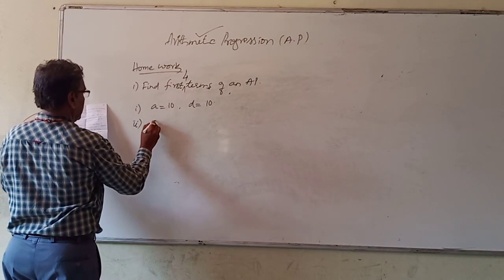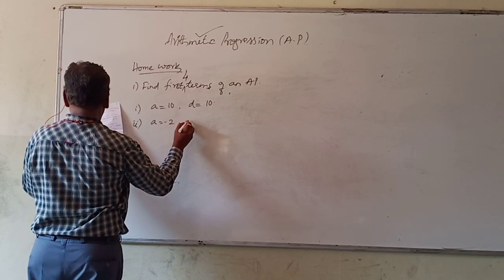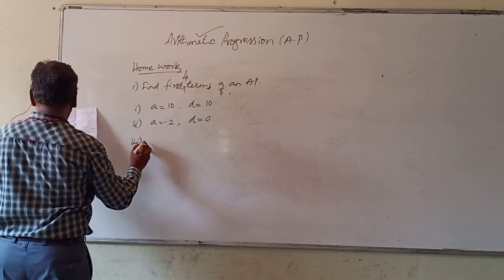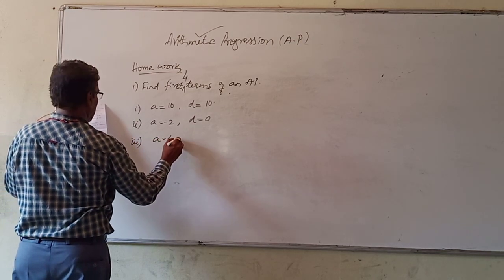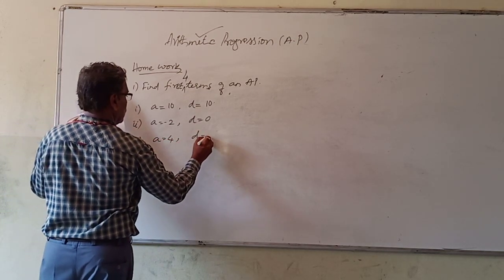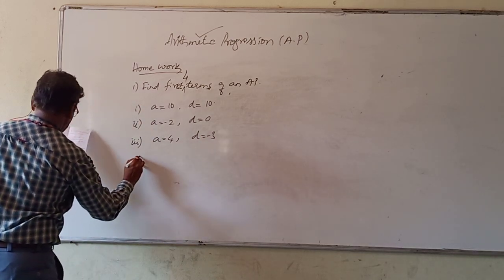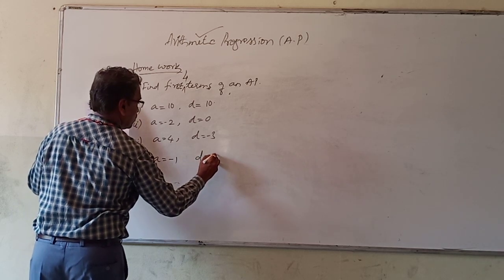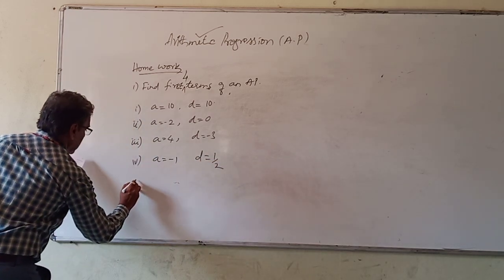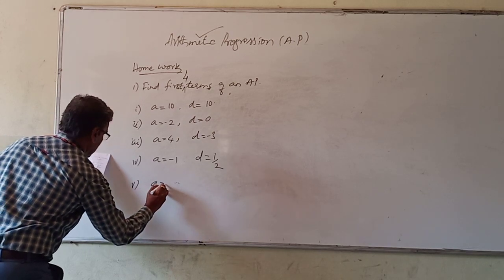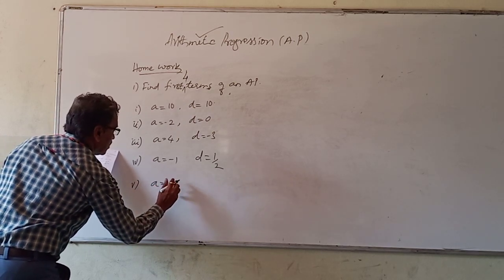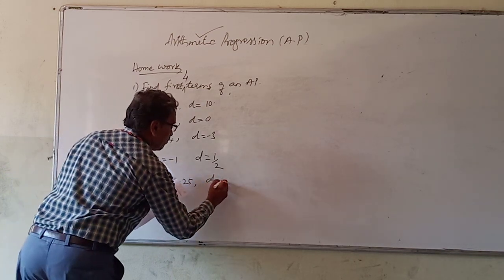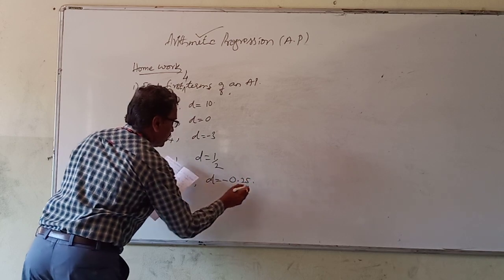Second example: A is equal to minus 2, D equal to 0. Third example: A is equal to 4, D equal to minus 3. Fourth: A is equal to minus 1, D is equal to 1 by 2. And the fifth example: A is equal to minus 1.25, D is equal to minus 0.25.